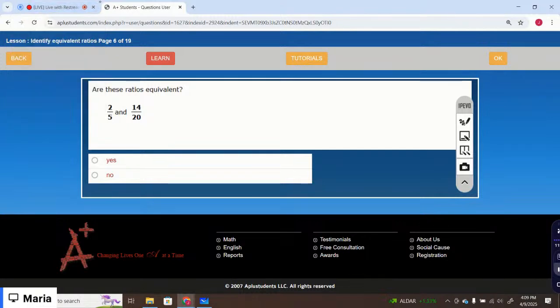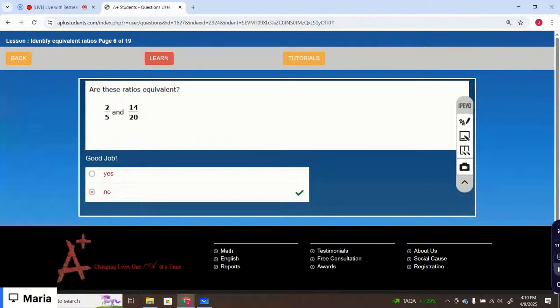Are these ratios equivalent, 2 to 5 and 14 to 20? No, they are not equivalent.